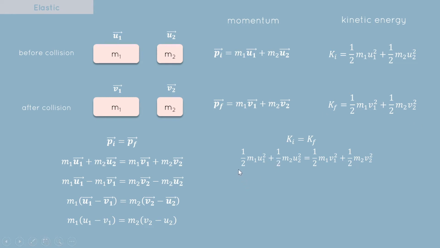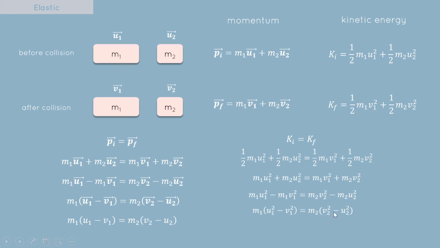You can see that there's a half present throughout the equation, so we can multiply that out and we're left with this expression. We're going to do the same thing. We're going to move all the terms with m1 to one side and all the terms with m2 to the other side. Then we're going to factor out m1 and m2.